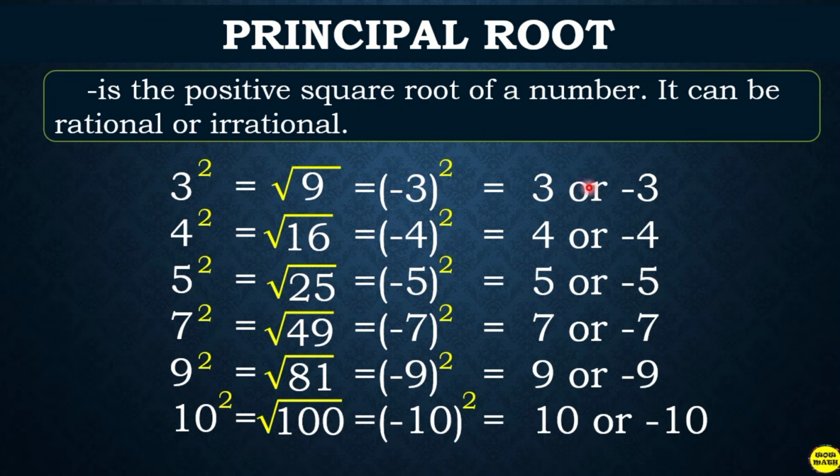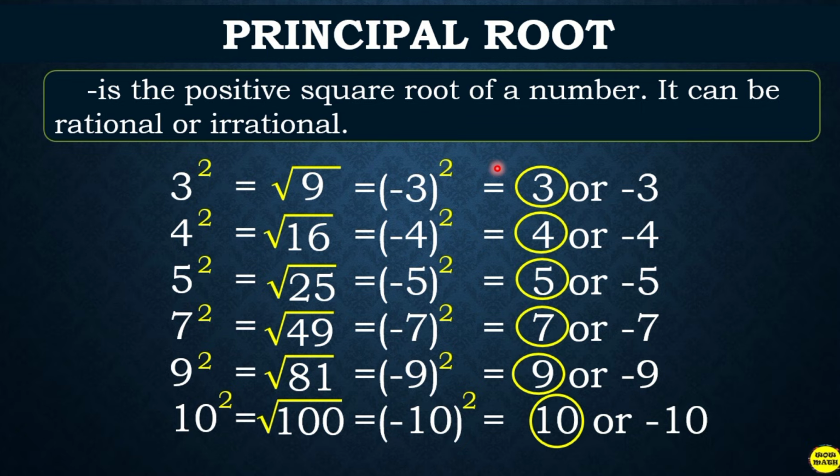Now, pag sinabi nating principal root is just referring to the positive square root. So, ito lang po ang principal root. Okay, ulitin ko. When you are asked to give the square root of these numbers, sagot po natin ay positive 3 or negative 3. So, ayan po, positive, negative.